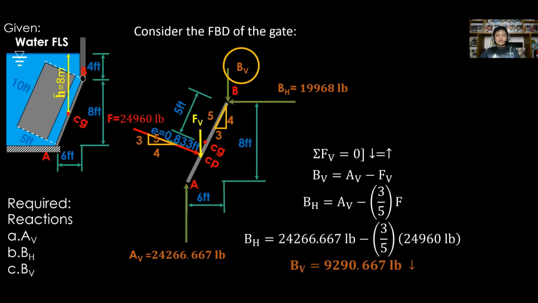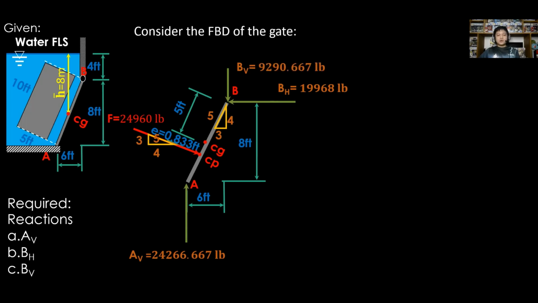Again, positive, therefore correct assumed direction, which is downward. So all forces are positive, therefore correct assumed directions. If the value is negative, then consider the other direction and omit the negative sign.